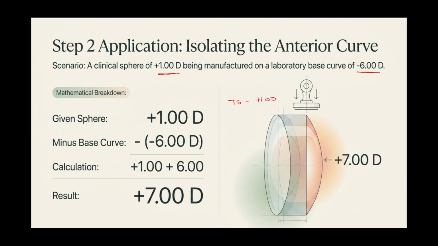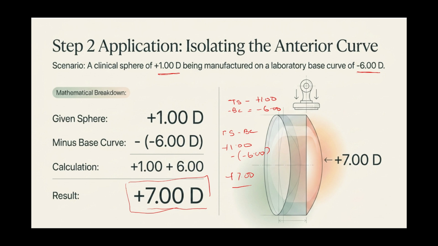The base curve is nothing but the posterior power, which is -6. So we have to subtract the base curve from the spherical power, which is +1 minus -6, which gives us +7. So +7 diopters is the anterior surface power.